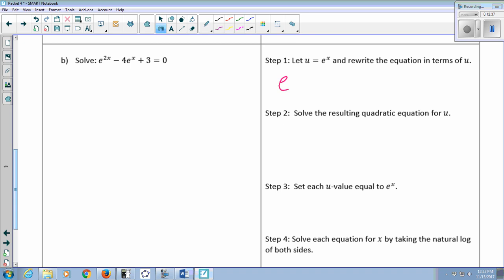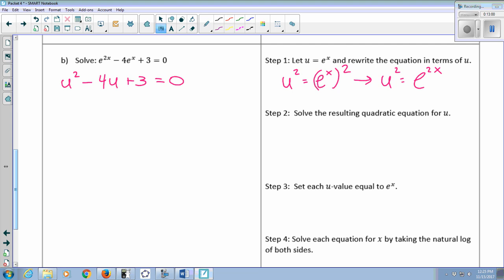So let's just do a little side work here. u squared would be e to the x squared, which means that u squared is e to the 2x. So where I see an e to the 2x, I can rewrite that as u squared. e to the x is u, so it's minus 4u plus 3 equals 0.